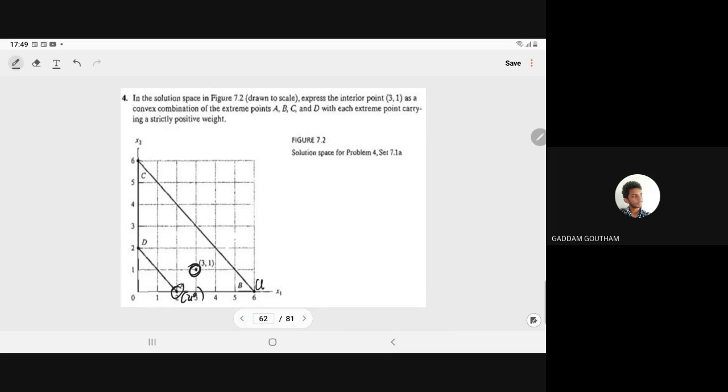This is B, 6 comma 0, and C is 0 comma 6, and D is 0 comma 2. So they are asking whether the point 3 comma 1 can be written as a convex combination of the extreme points.